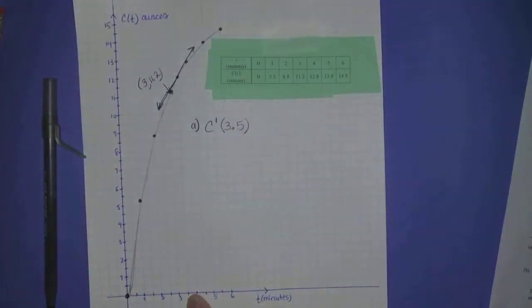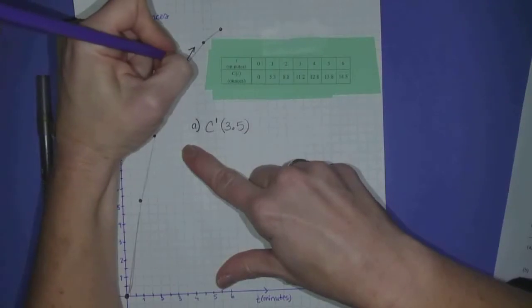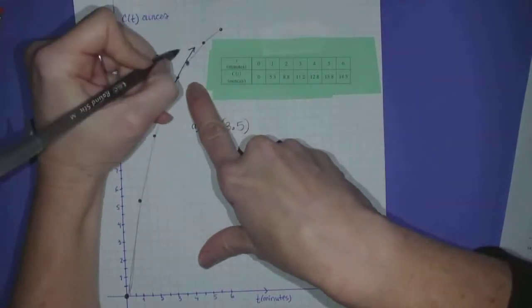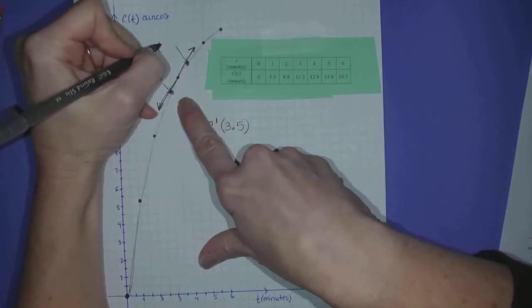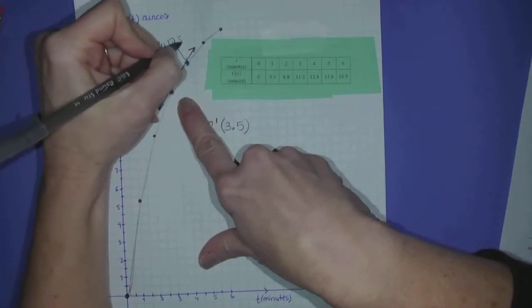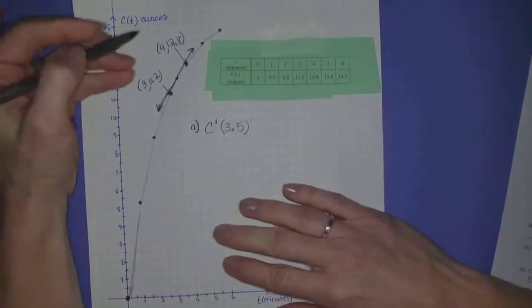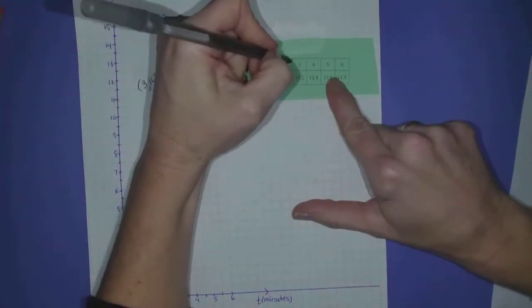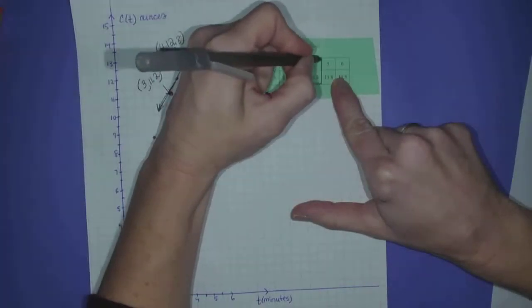I went to the wrong, no, wait a minute, I know this point right here. I'm sorry, I know this point. I was looking at the graph wrong. This point right here is 4, 12.8. So I can find the slope between these 2 points, which by the way are marked right here. Here are those 2 points on the table.